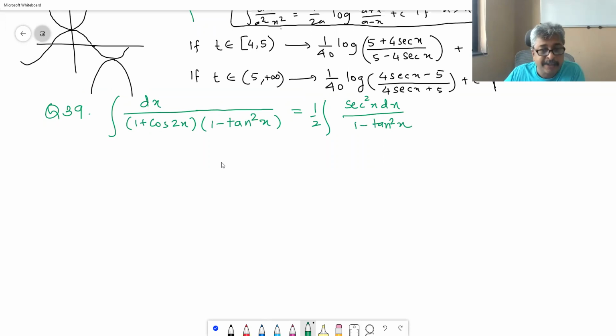So putting tan x equal to t, we get integral half dt upon 1 minus t square, which is equal to 1 half log, t is what, tan x.